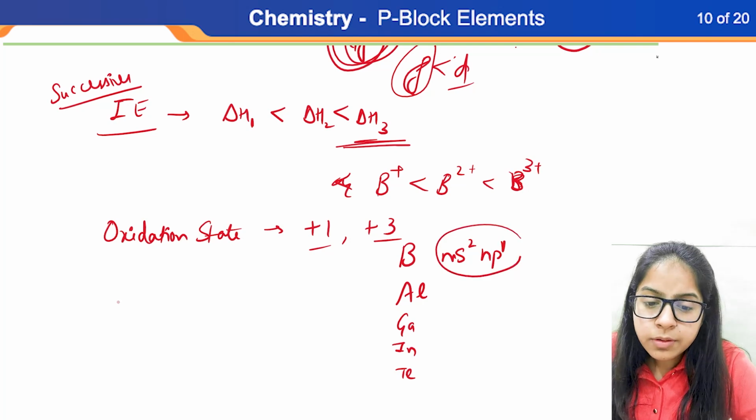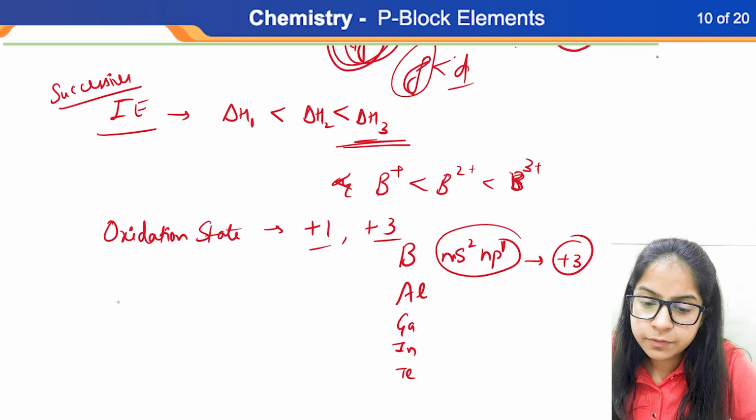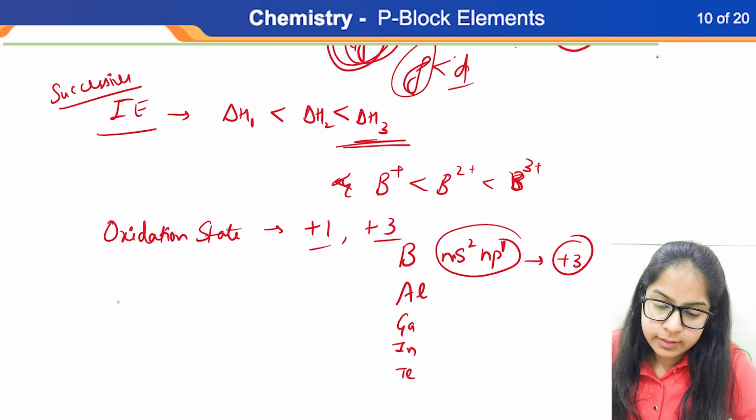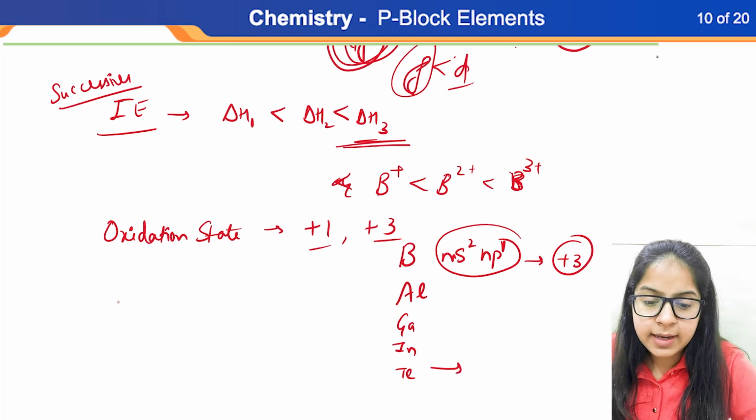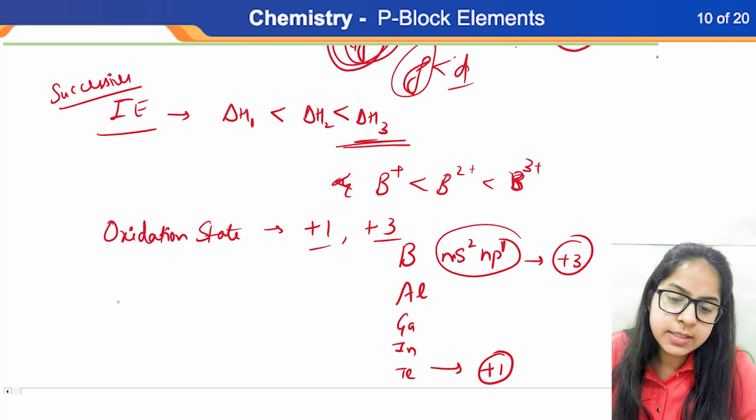Okay, boron is going to form +3, although it is not going to form the +3 cation because it wants to be in covalent bond. But here it can show +3, but thallium is going to show +1. Its most stable oxidation state is +1.